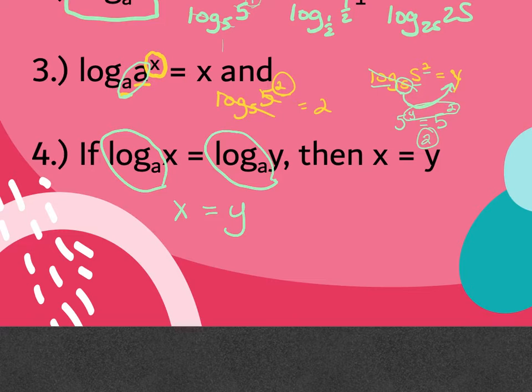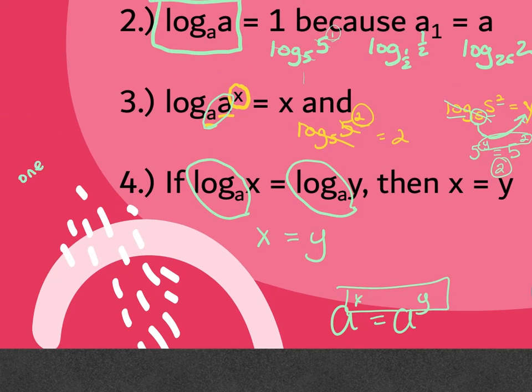If I had a to the x power and a to the y power, I would ignore the bases and set the exponents equal to each other. So you're doing the same exact thing, just with logs. We still call this the one-to-one property. It's just that now we're applying it to logs.